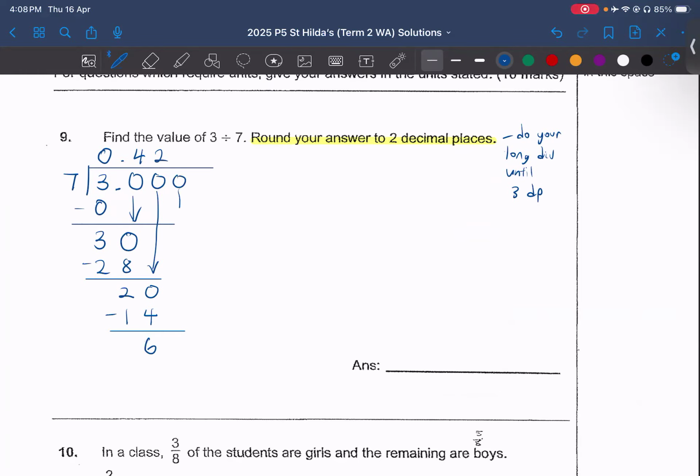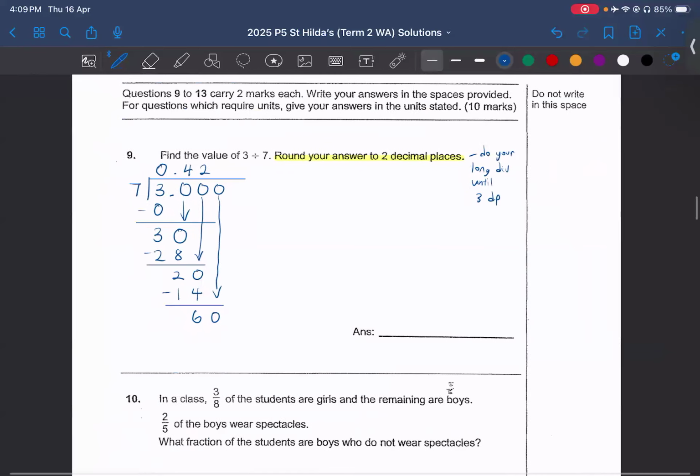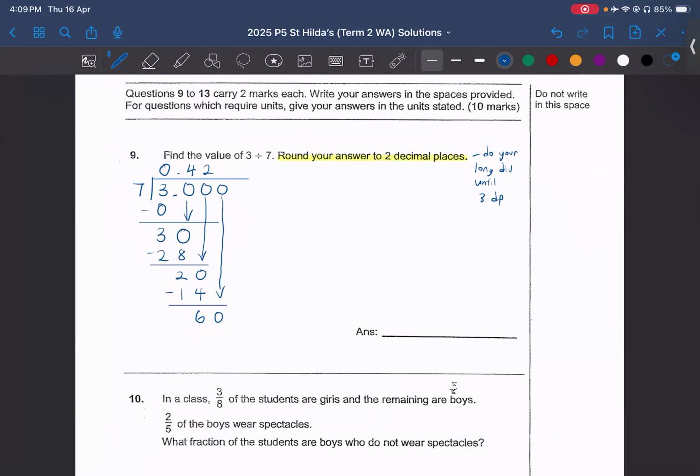Then I bring the next 0 down, which in this case makes it 60. 60 divided by 7 is 8. So 8 times 7 is 56, and the remainder will be 4.